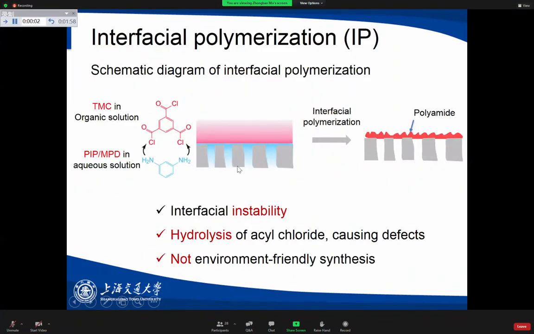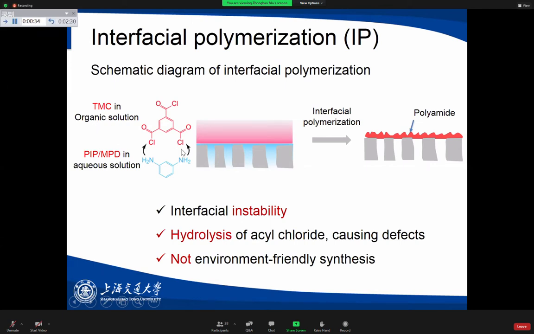The NF membrane generally is a thin film composite polyamide TFC membrane. This membrane is generally prepared by interfacial polymerization. The IP reaction occurs between the amine in an aqueous solution and acyl chloride in organic solution.